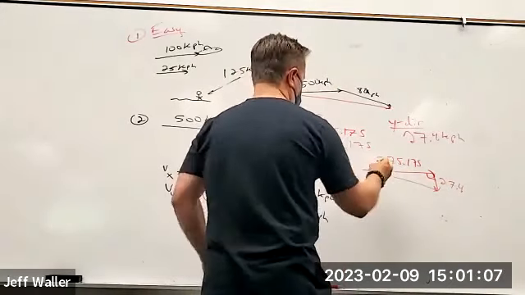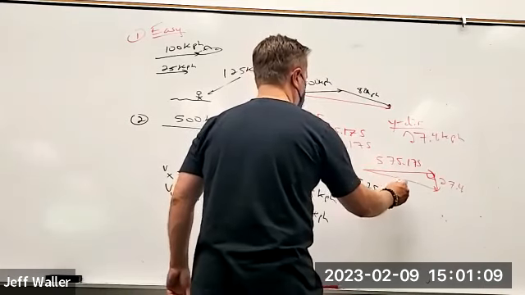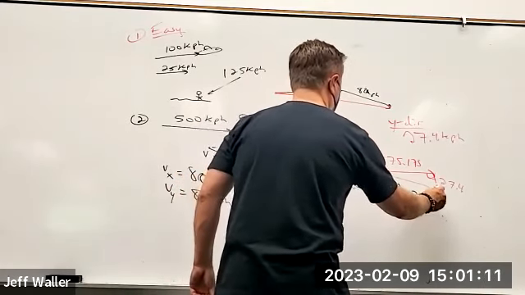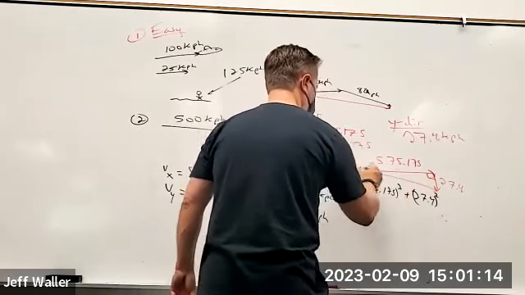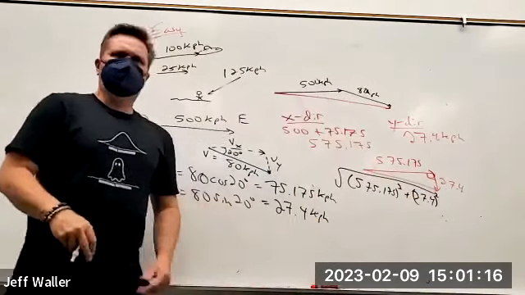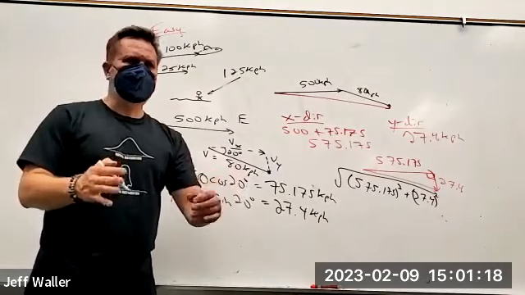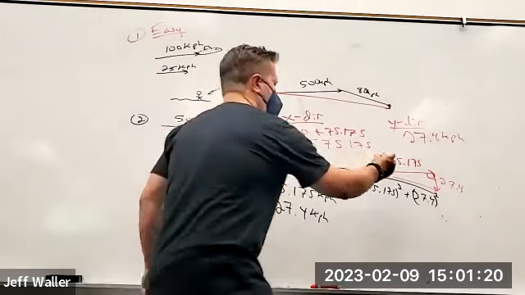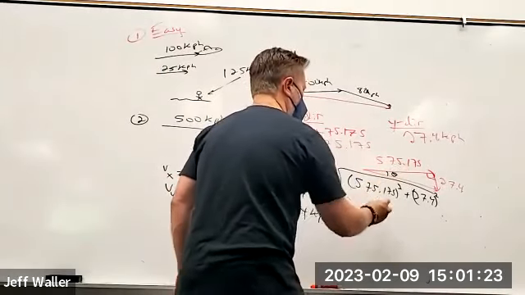So it'll be 575.175 squared plus 27.4 squared, square rooted. Whatever that is. That's good old Pythagorean theorem. And who remembers, how do I get the angle this is actually traveling at?